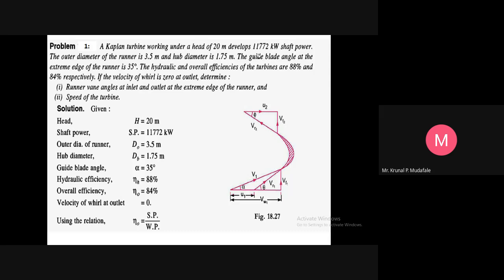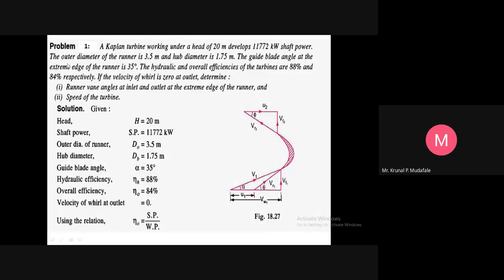And what is meant by the input power? How much water is supplied or strikes the turbine is called the water power. So the input is water power and the output is shaft power. So the overall efficiency, if I want to find out, is output upon input, that is the shaft power upon the water power. Yes.